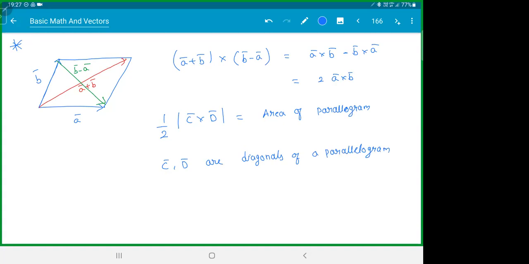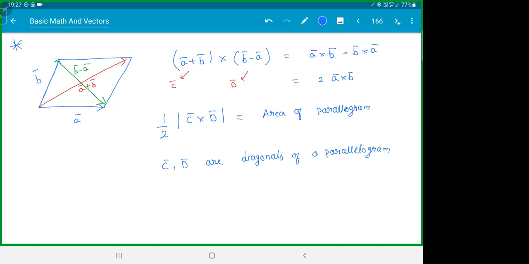If someone tells you C bar, D bar are diagonals, this is what will happen. Like this is C bar and this is D bar. That will give you 2 times the area of a parallelogram, so half of it will give you the area of the parallelogram. Half of the sides would have given you the area of a triangle. So these are a few variations of the same thing.